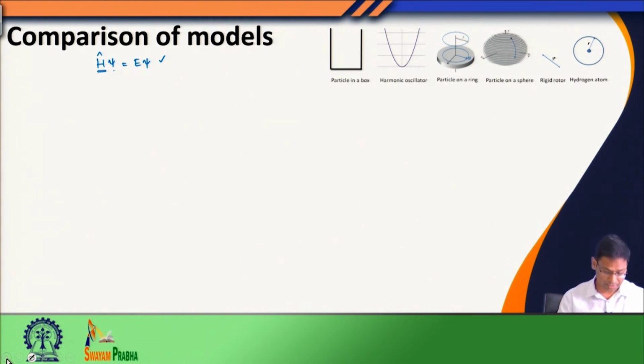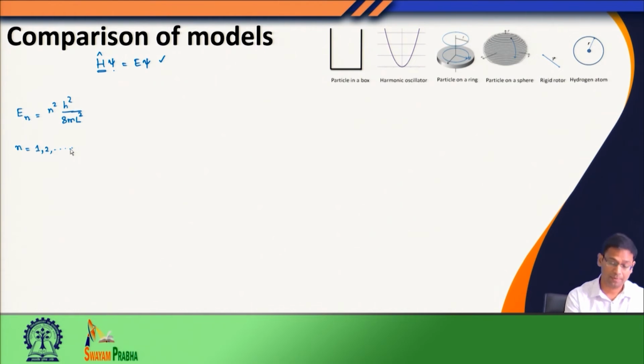So, for example, in the particle in a box problem, we had E n given by n square h square divided by 8 m L square, where m is the mass of the particle, L is the length of the box, and h is Planck's constant, and n is an independent quantum number, where n goes from 1 and so on.